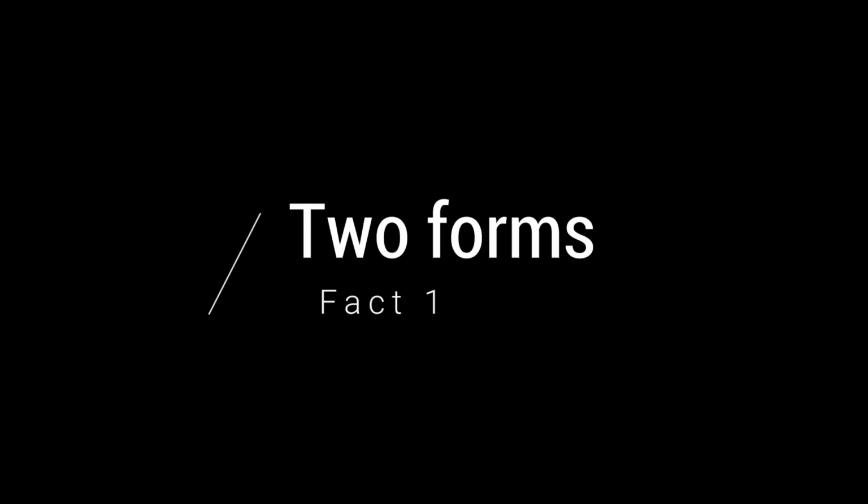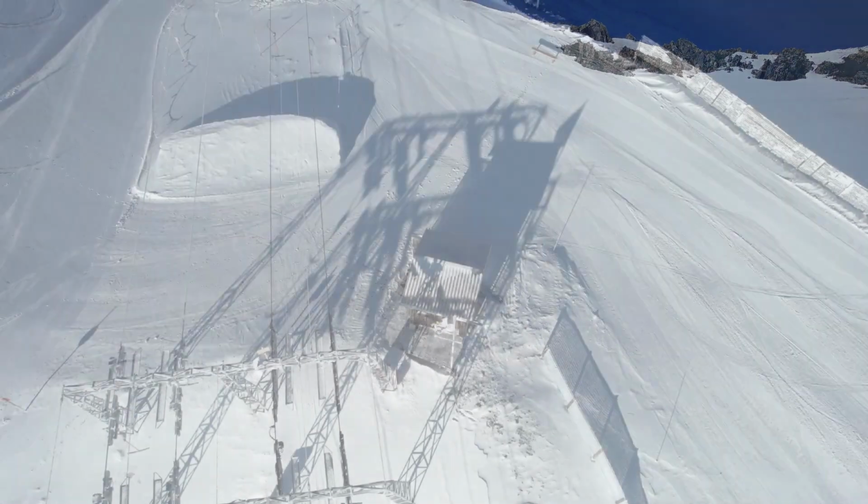Let's get right into it. Fact 1. Two forms. When talking about snow avalanches, there are really two forms. There is the slab avalanche, which is frequently in snow that has been deposited and has a big heavy block or slab of snow.